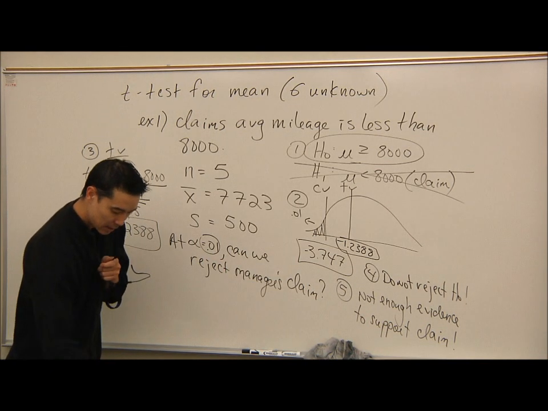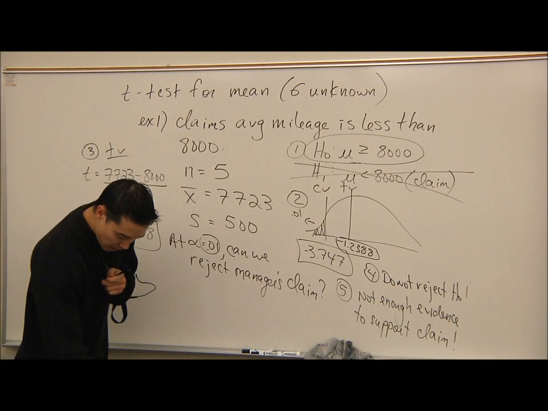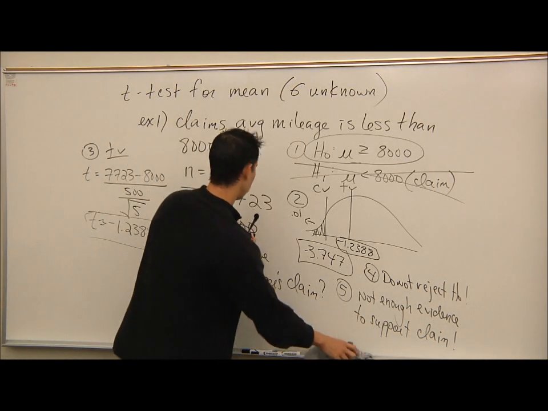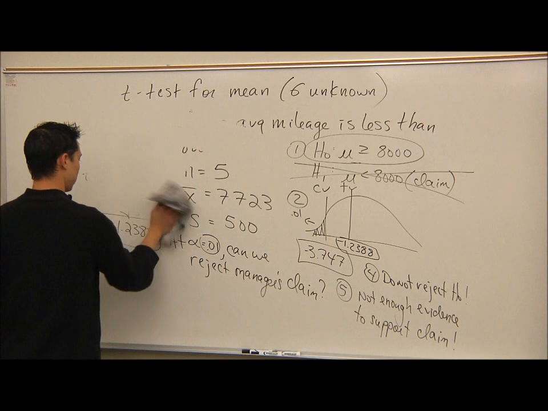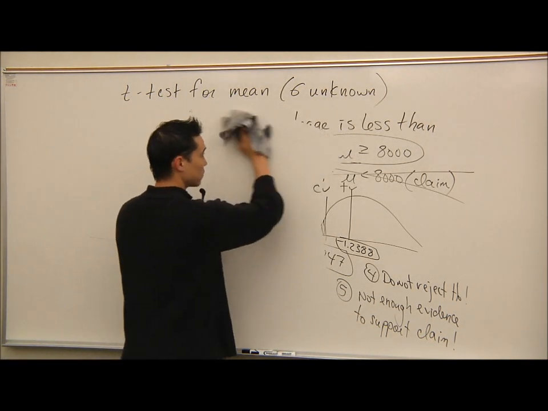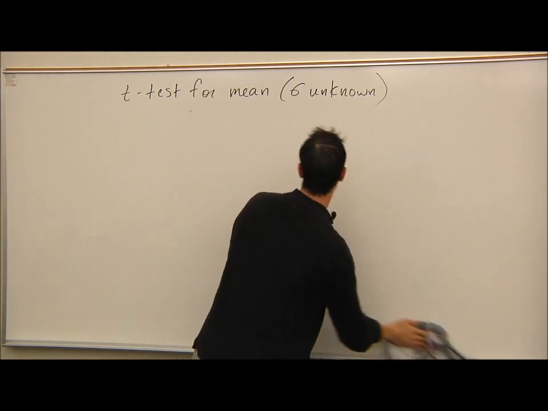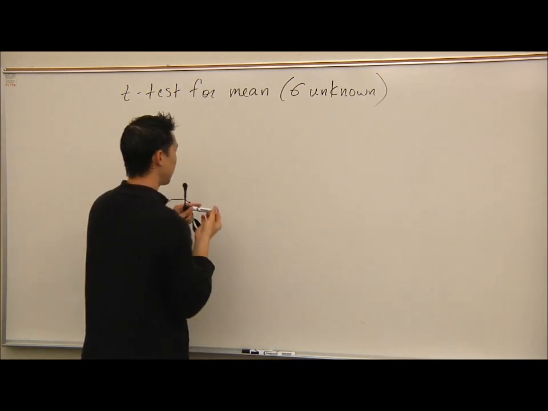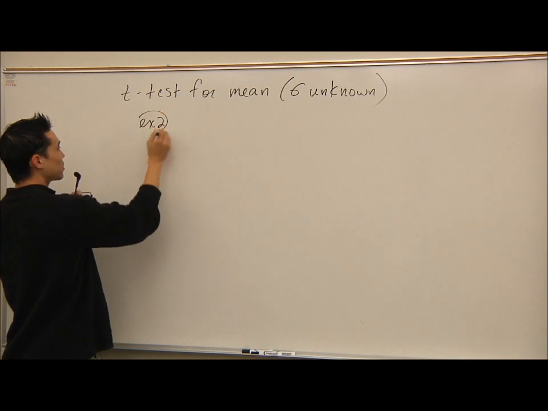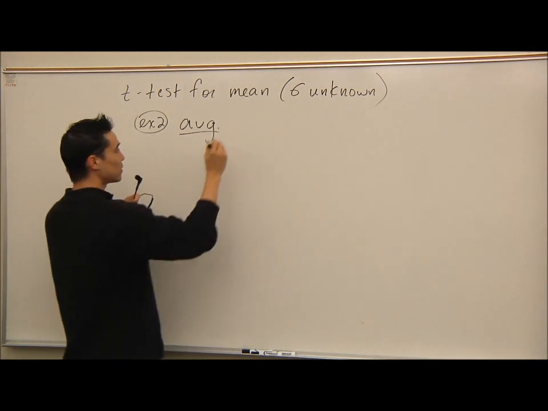All right, example 2. A city claims the average cost of a car wash is $8. Average, again, you're going to see average or mean in all of these.